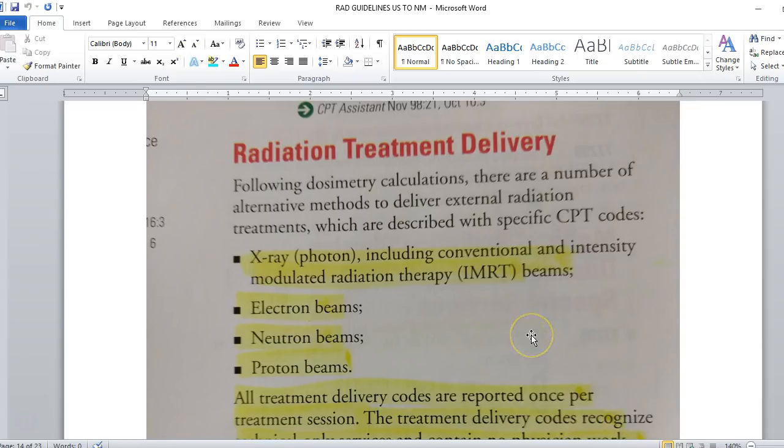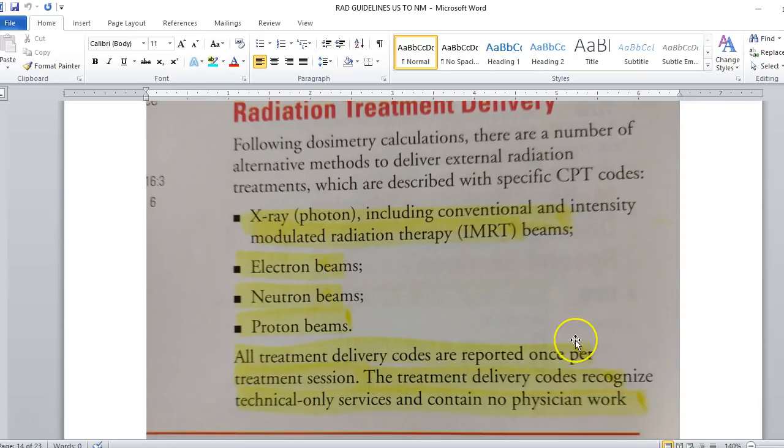On the bottom of page 478, it tells us that there are a number of methods. Again, X-ray is photon, and we have what we call IMRT beams, which are a specialty X-ray beam. Electron beams, neutron beams, and proton beams, which are all very common and we've been using for over 50 years now. But it tells us all treatment delivery codes are reported once per treatment session.